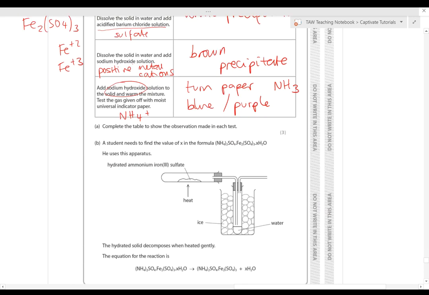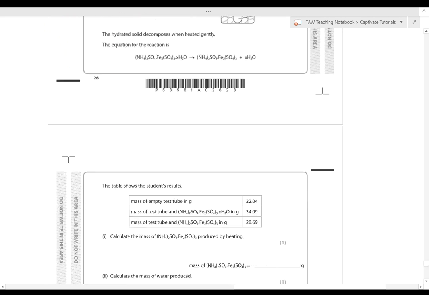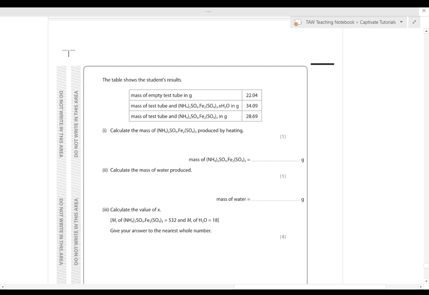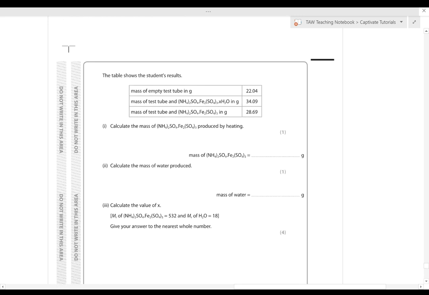So moving on, we've got an equation here and some results. So it walks you through this calculation to start with. So first of all, we want to calculate the mass of this substance that is produced by heating.